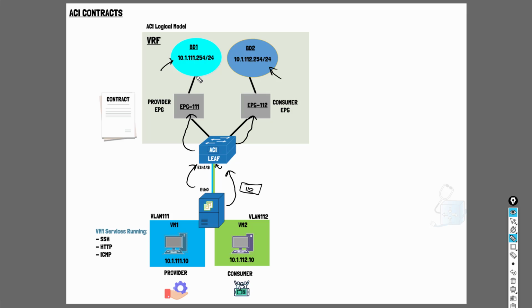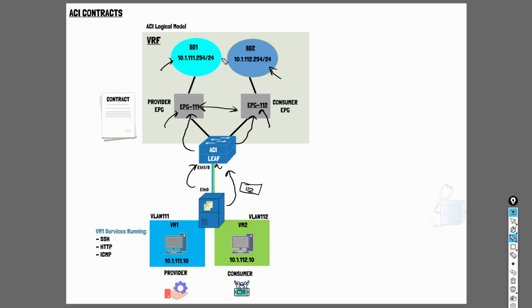Regardless of whether it's one bridge domain or two, the endpoints are falling into different EPGs, right? So they can't actually communicate with each other until and unless we apply a contract, or we tweak some parameters in the VRF to make them communicate, or put them in a specific group that I'll tell you about once we have all this configuration set up.